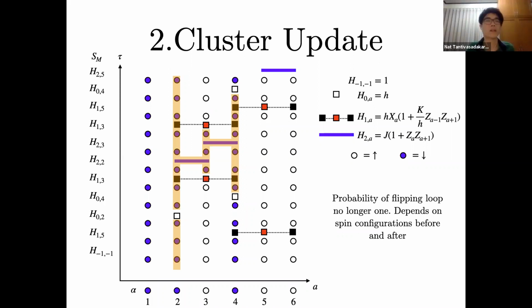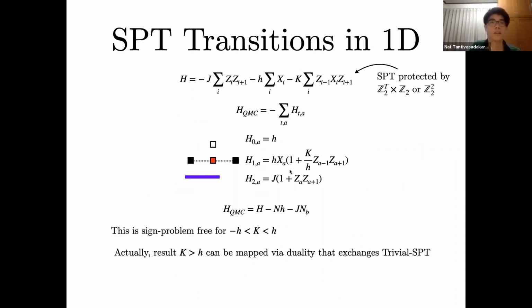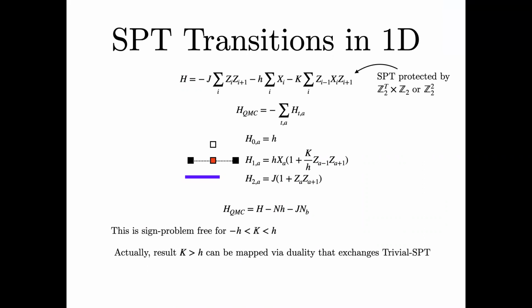Okay. So you need the condition that k over h is less than 1, right? Yes. So in order for this to be positive, you need k over h to be between -1 and 1. Have you explained why you need positivity in this talk yet, or did I miss it?